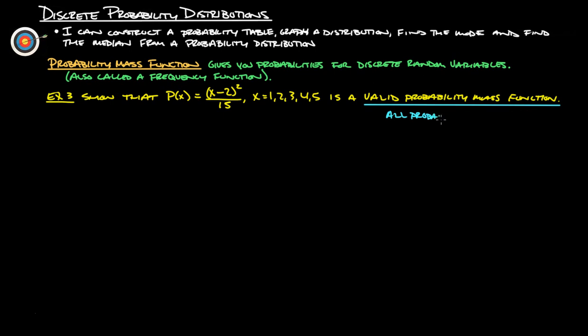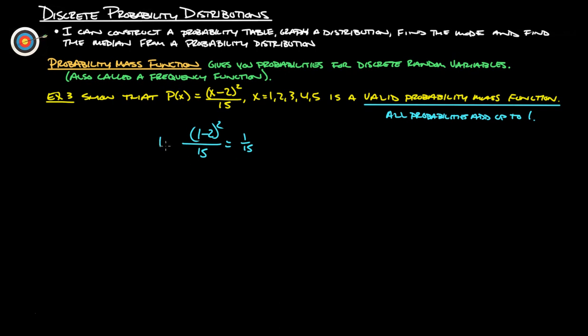All probabilities add up to 1. Okay, so then all we'd want to do is just plug each of those in, get our numbers, add them all up, and make sure that it equals 1, right? So if we plug in 1 minus 2 squared over 15, that's negative 1 squared. That's going to give us 1 over 15, right?